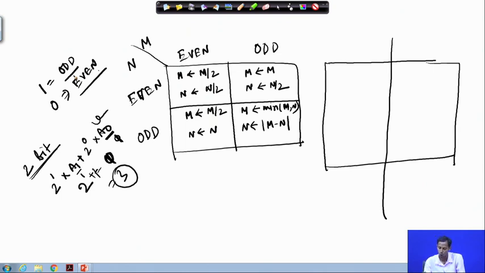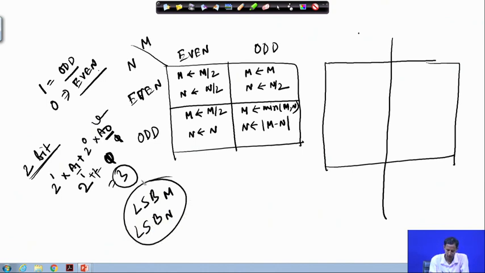So, for that reason, if I consider only the LSB of m and LSB of n for calculating these even and odd values, that LSB of m and LSB of n will be the control signal for what operation I need at what point of time.